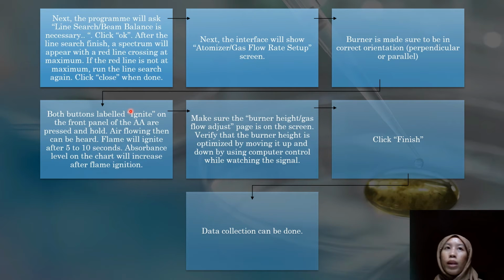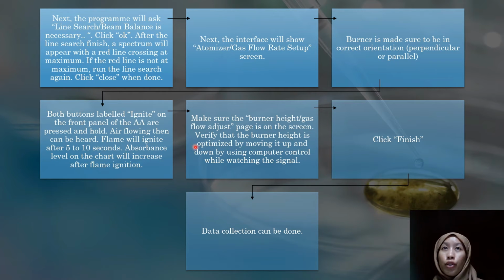Press and hold both buttons, and then you will hear air flowing. Flame will ignite after 5 to 10 seconds because you are conducting flame atomic absorption spectroscopy. And then after 5 to 10 seconds, you will see the absorbance level on the chart increase after the flame is ignited.